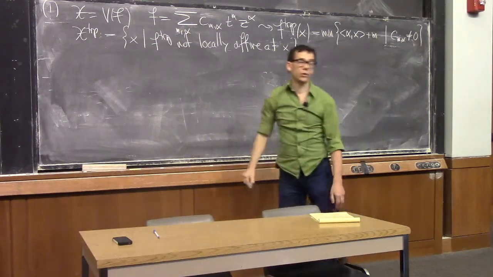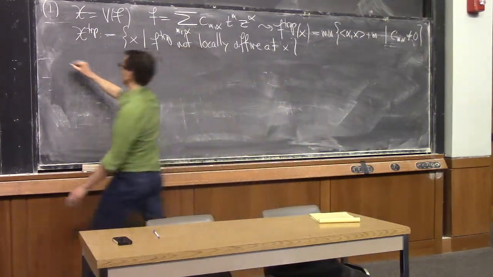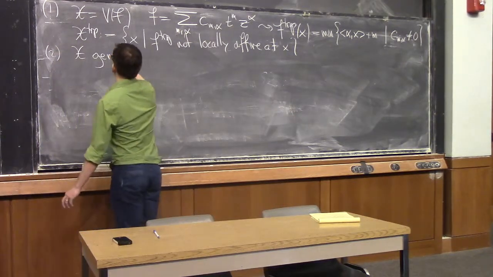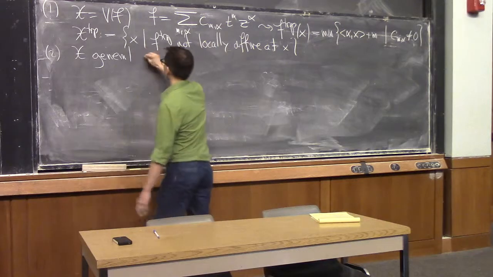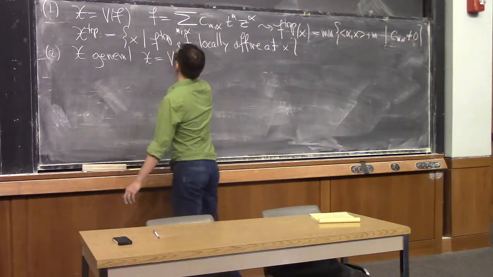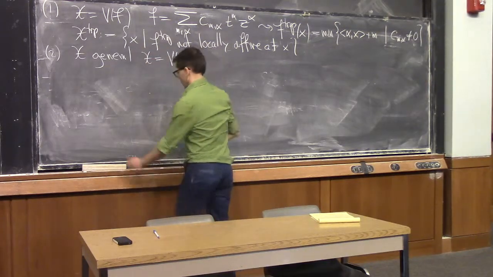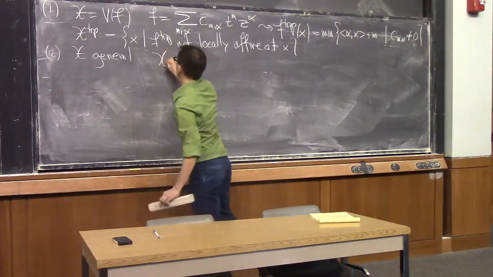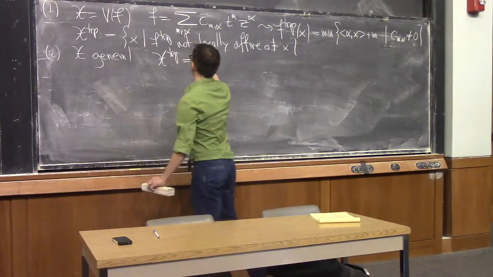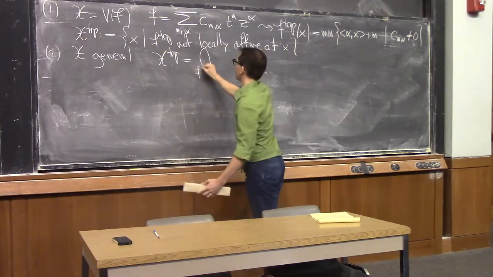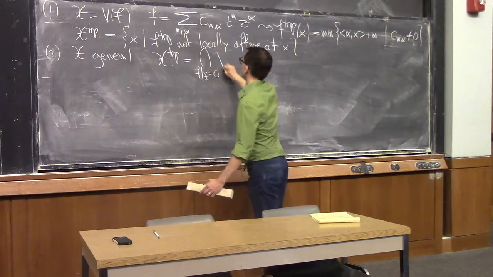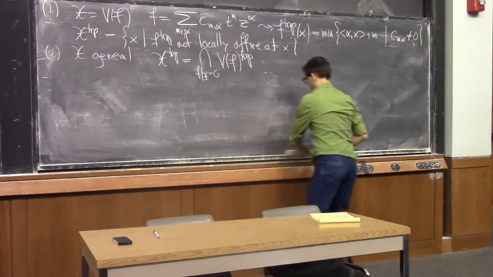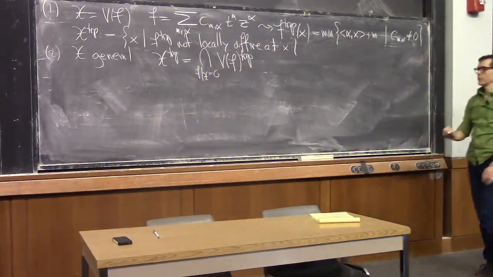And then in general, I could do the same thing. So for x general, say x equals e of... well, actually let me not do that. The problem is, so I can do it like that, but you have to be a little bit careful here because it's actually not trivial.